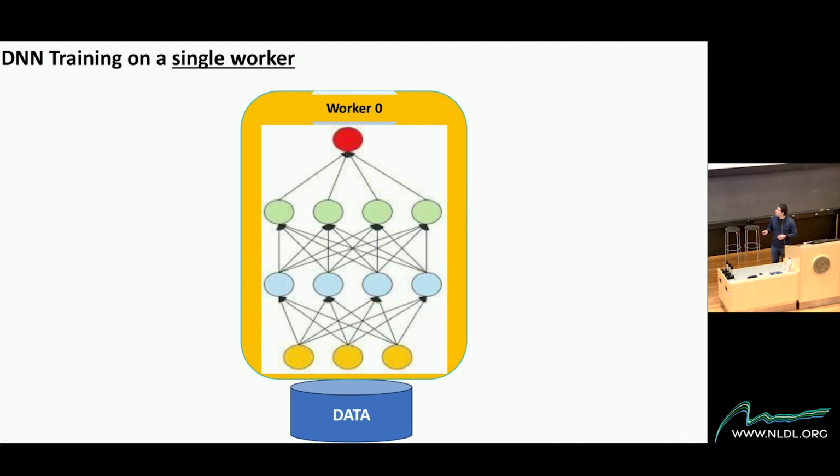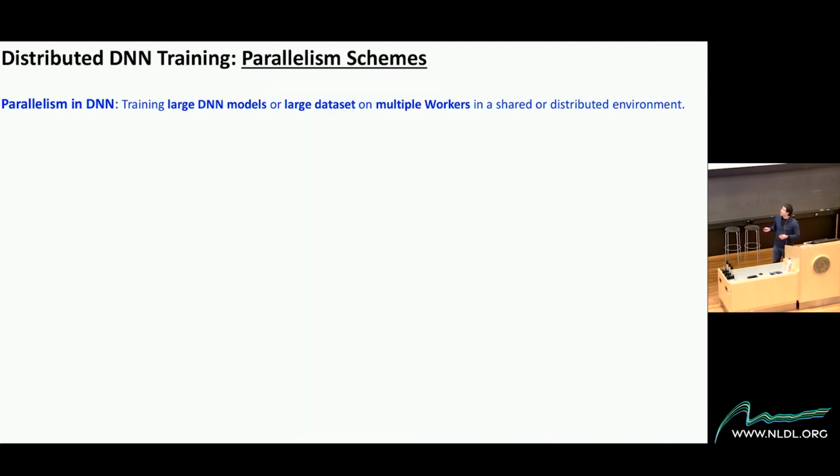So that's why we use this parallelism methodology, and basically what parallelism means here is just training a large model or large data set on multiple workers, either on a shared memory or on a distributed environment.